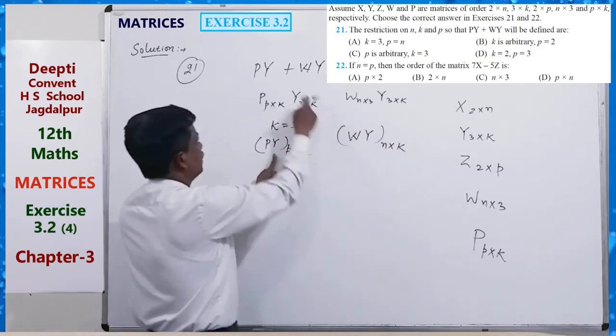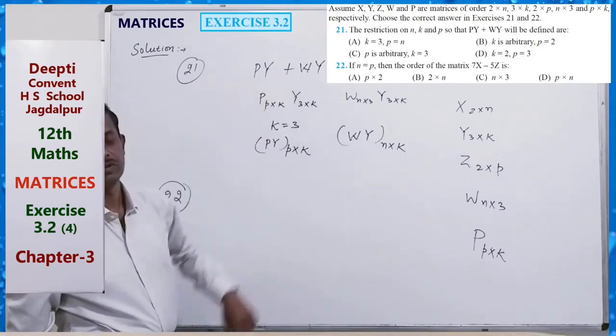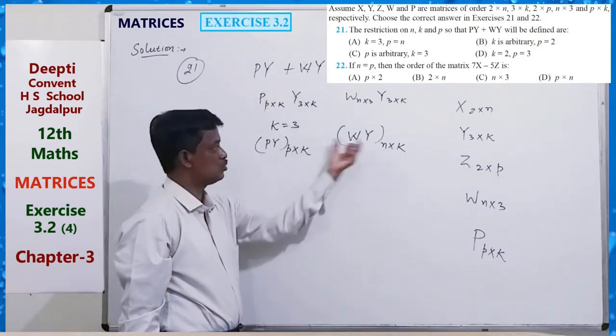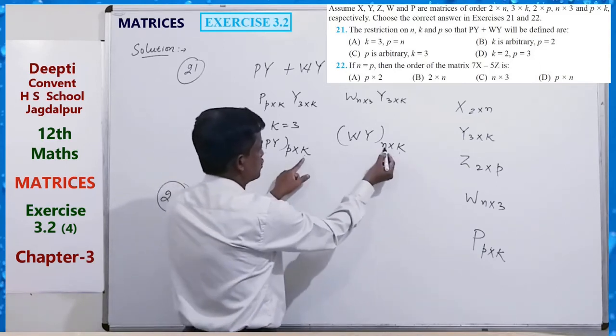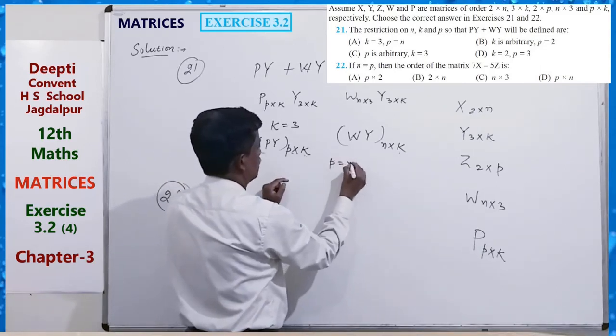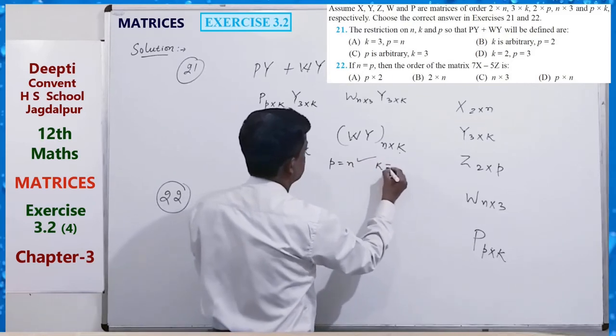For adding, the order of these two must be equal. So p equals n and k equals 3.